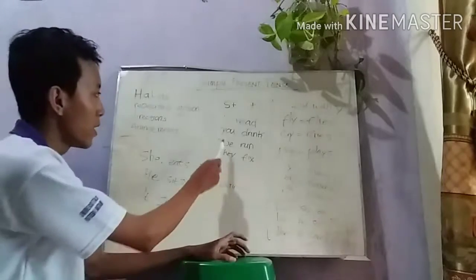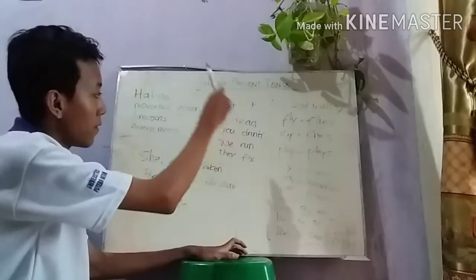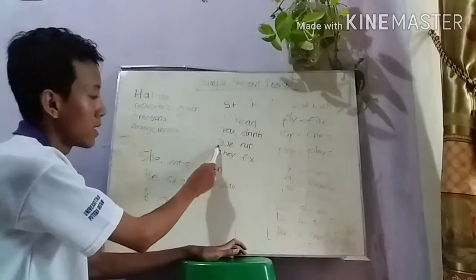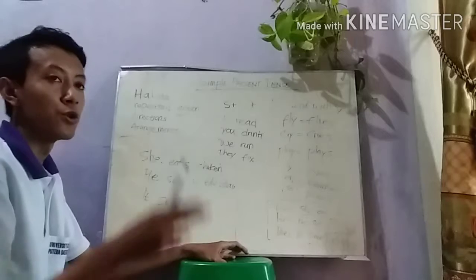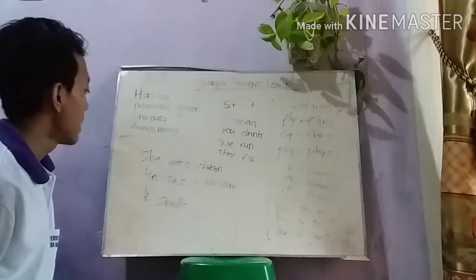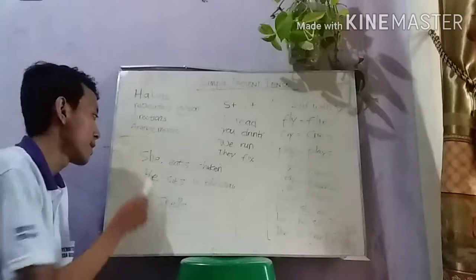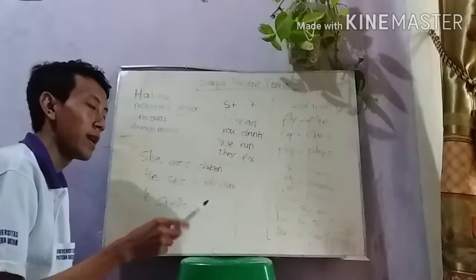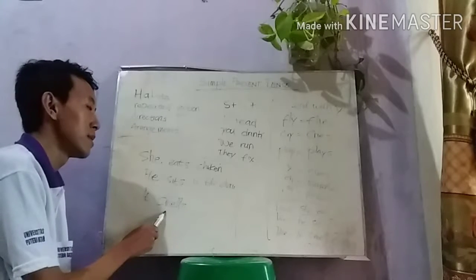And if we want to ask a question using these subjects, we use do. And then if the person is the third person singular, we add s behind the verb.